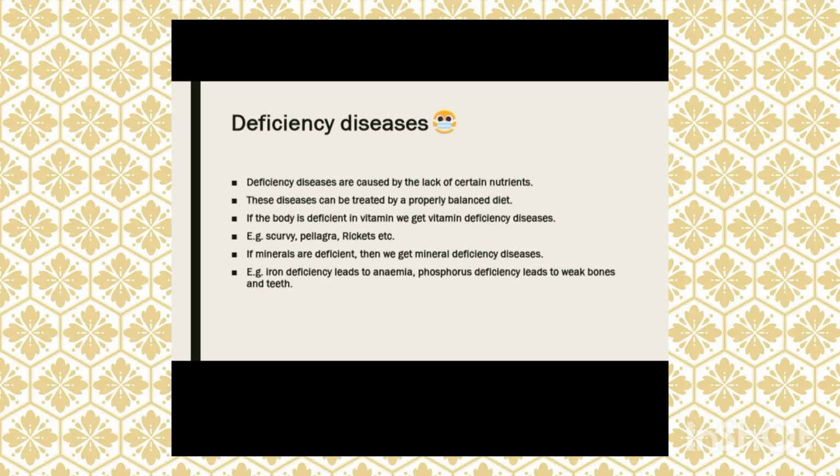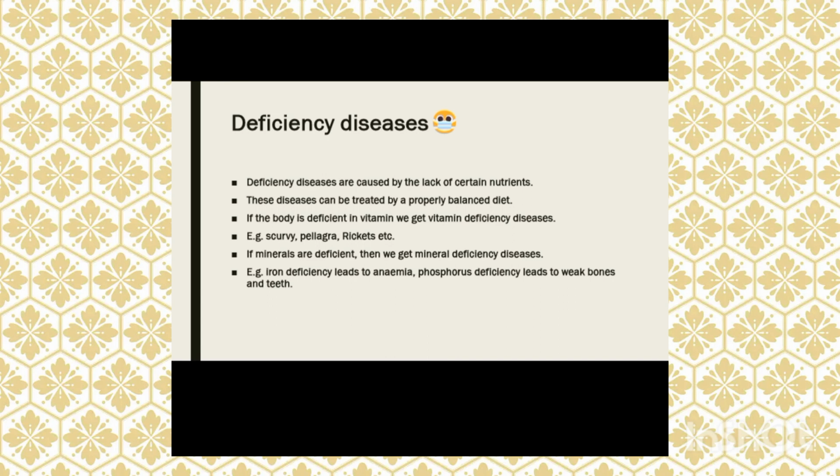So, coming to the last topic for today, the deficiency diseases. Deficiency diseases are caused by the lack of certain nutrients. They can be treated by a properly balanced diet, as I told you before. If the body is deficient in any vitamin, we get vitamin deficiency diseases, for example, scurvy and rickets.